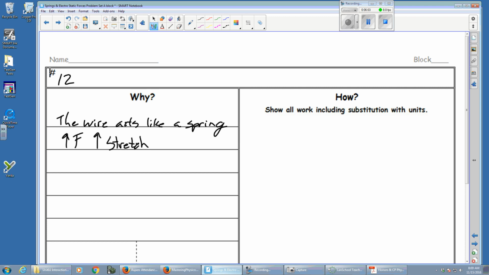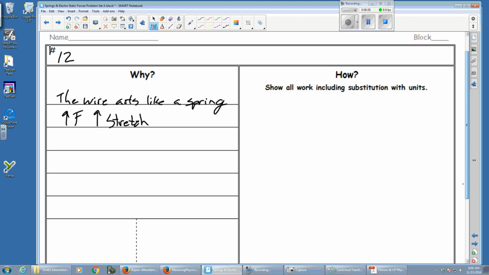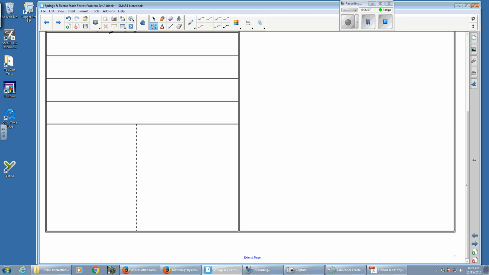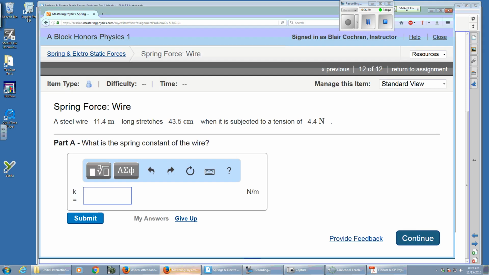And then I would probably also include a diagram here. I drew my wire horizontally. You could draw it vertically, right, if you wanted to. And apply the force there. So there was a force back. Did we give that force any name?